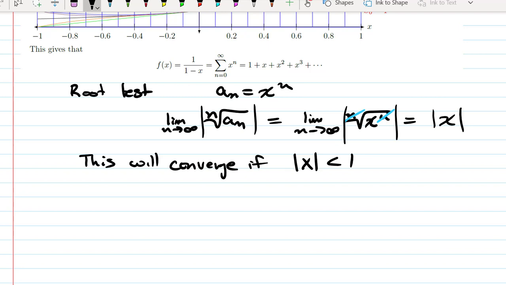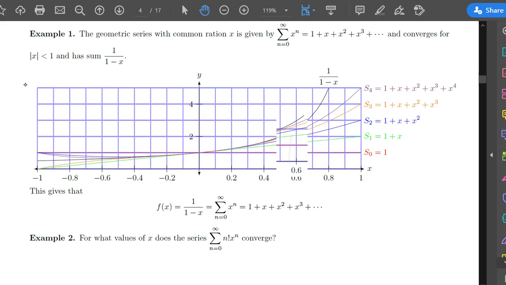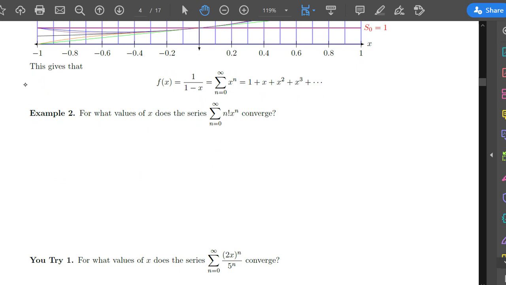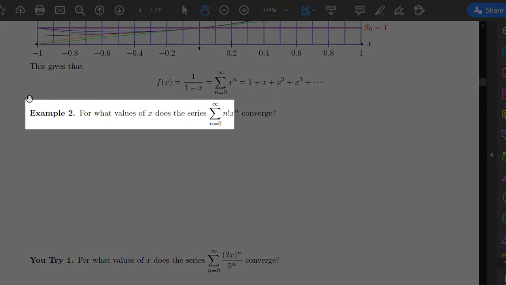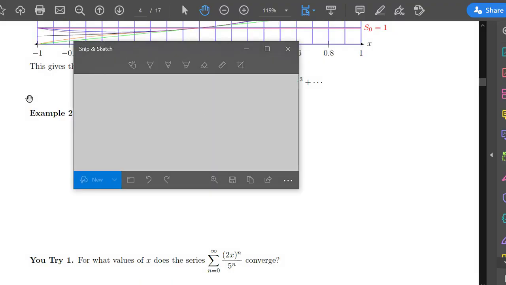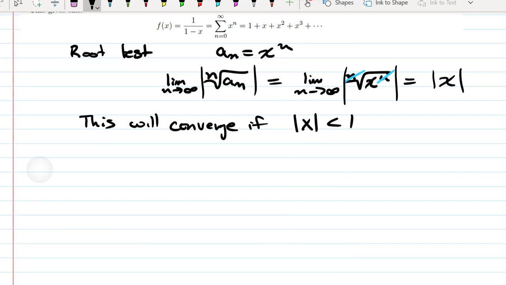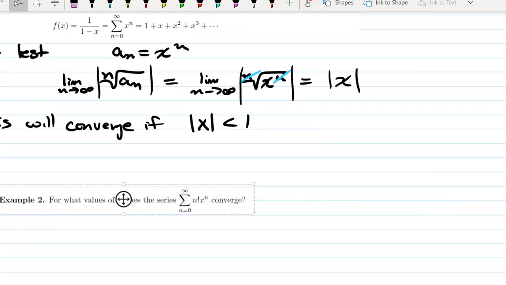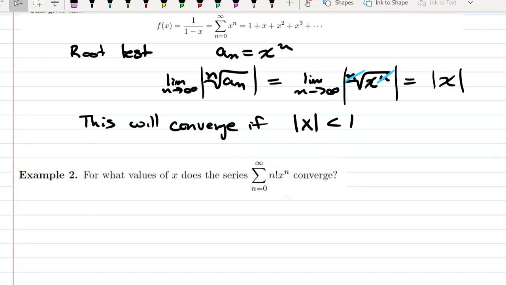All right, so let's take a look at our next example. For what values of x does the series, the sum as n goes from 0 to infinity of n factorial times x to the n, converge?